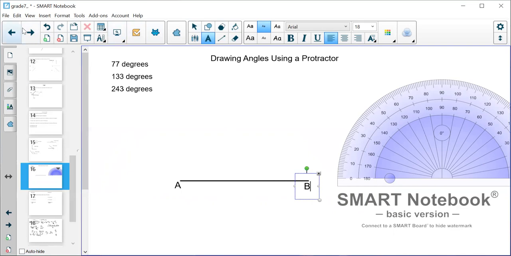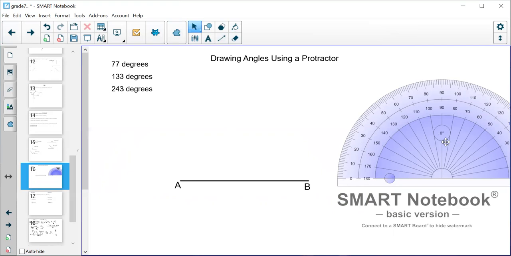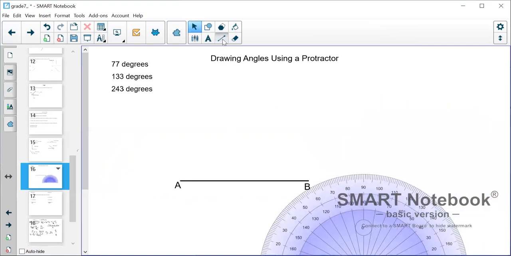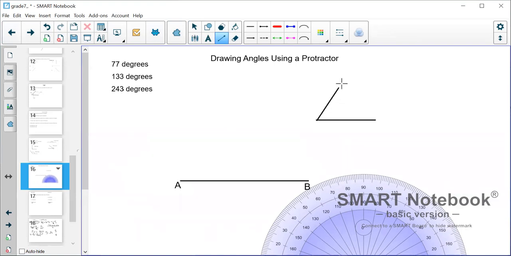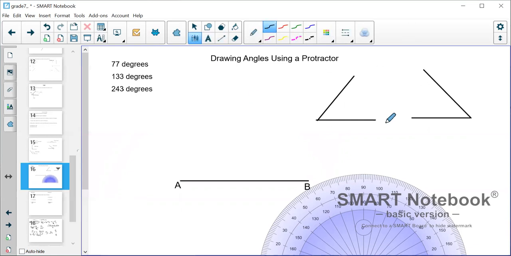Before we continue, I want to make this part clear: angles, we can draw them from A, the left end of the line, or we can draw them from B, which is the right end of the line. Please note that for the first one, 0 would start from here, so you increase as you go in that direction.